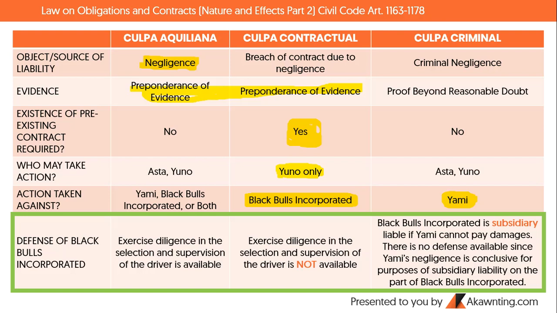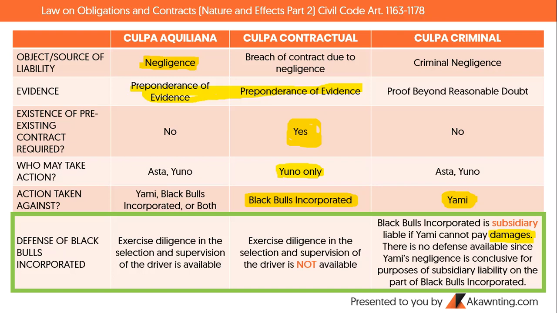So, sabi dito, Black Bulls Incorporated is subsidiary liable if Yami cannot pay damages. So, when we say damages in here, we refer to the civil damages or civil liabilities. Okay? So, usually, yung mga drivers naman kasi, medyo mahirap lang sila.